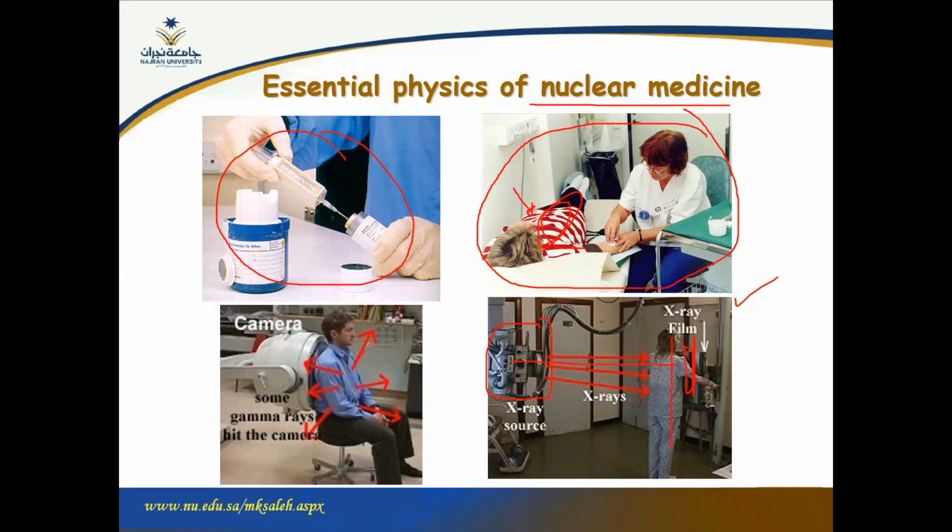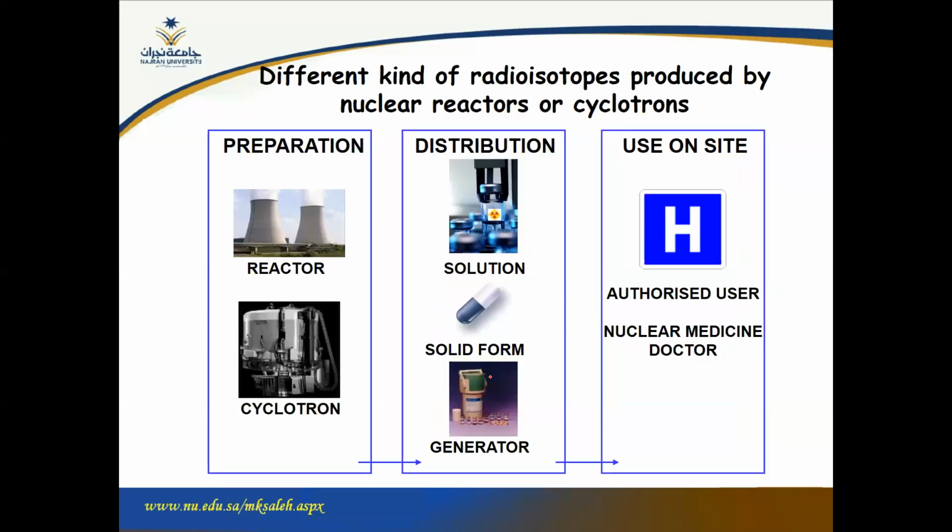The patient starts emitting radiation, and then we image the patient with a camera. We call it a gamma camera. You can see the difference between X-ray and nuclear medicine. In nuclear medicine, the patient is the source, while in X-ray, the source is outside the body of the patient. I guess now the difference between X-ray and nuclear medicine is clear for you.